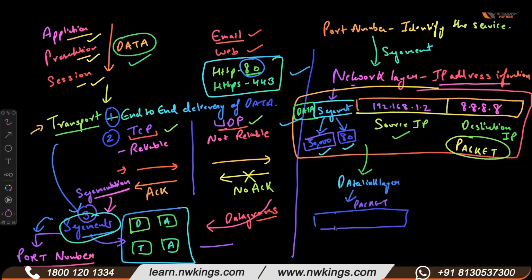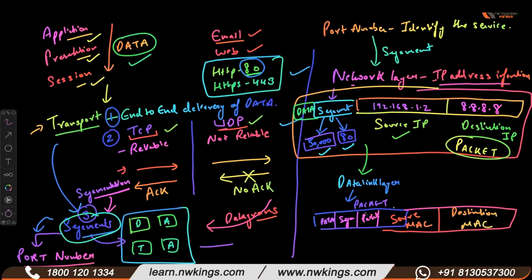And inside the packet you have data, a segment header, segment information, and packet information. When this packet comes to the data link layer, this layer adds another piece of information, called the source MAC address and destination MAC address.